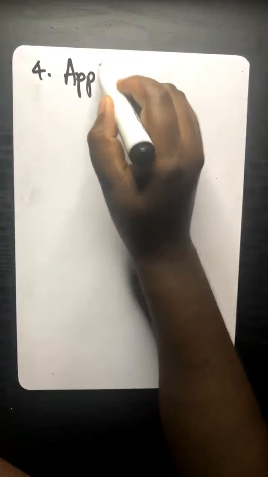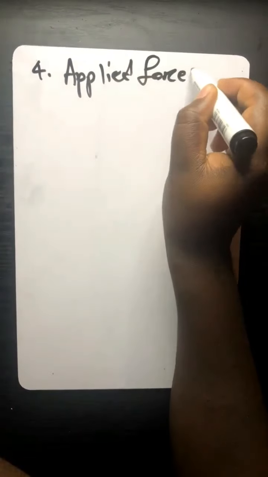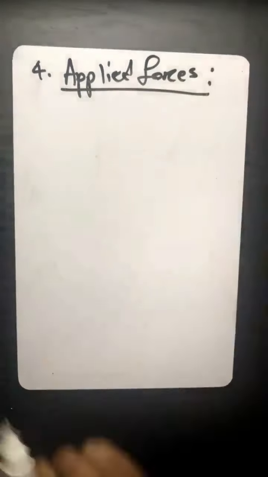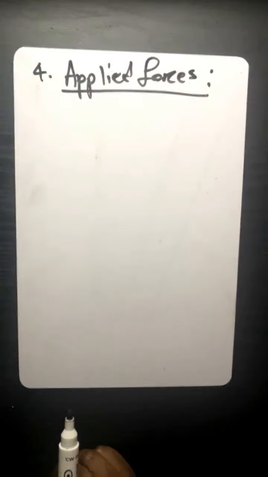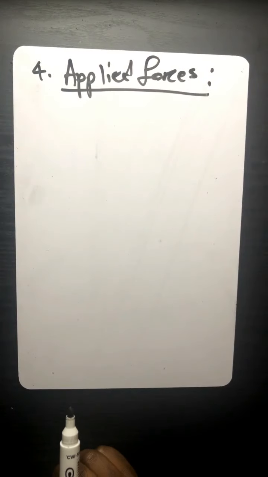Ladies and gentlemen, a very quick one. Let's quickly talk about applied forces. This is the fourth type of force that we'll be looking at. How do we represent an applied force?